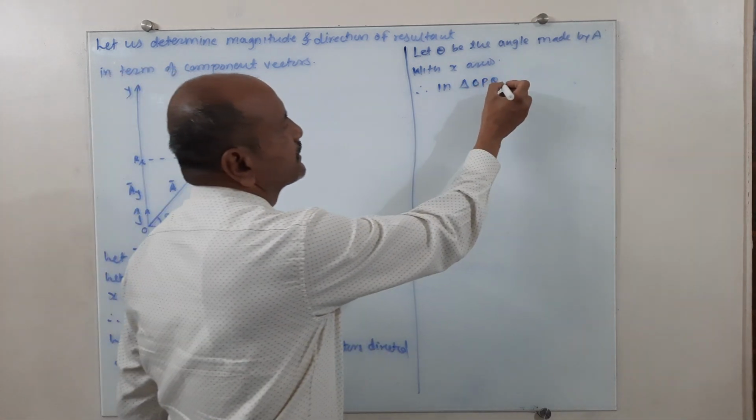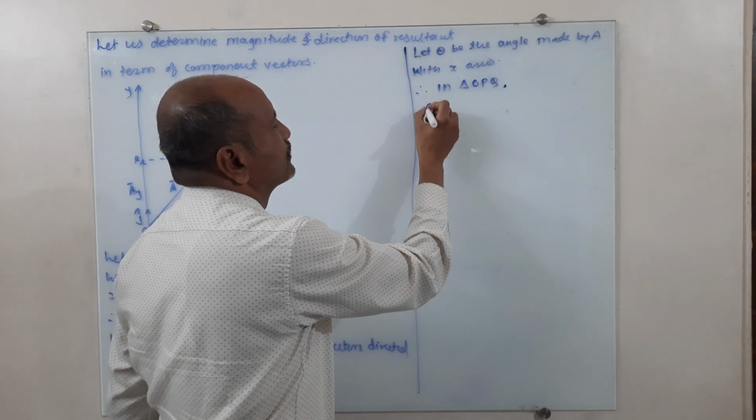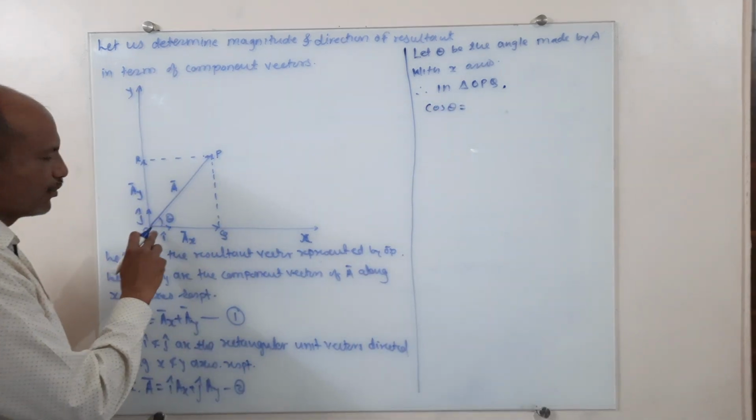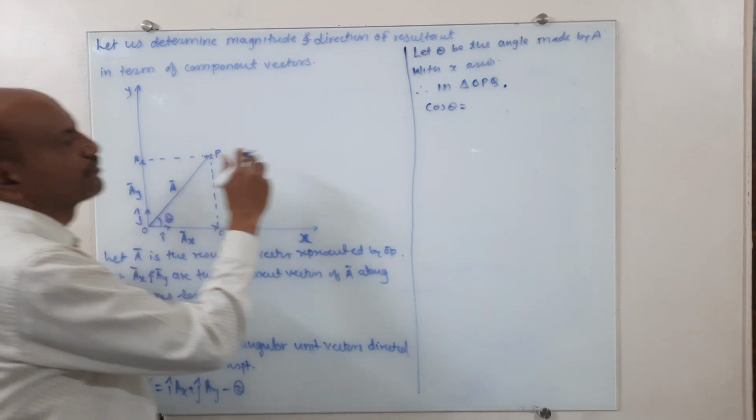In a triangle OPQ, cos theta is equal to OQ upon OP.